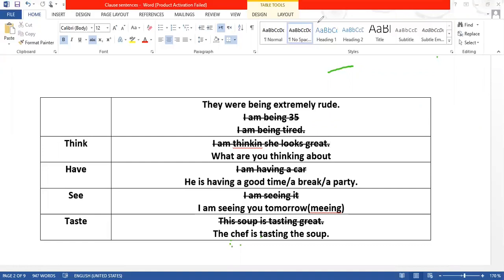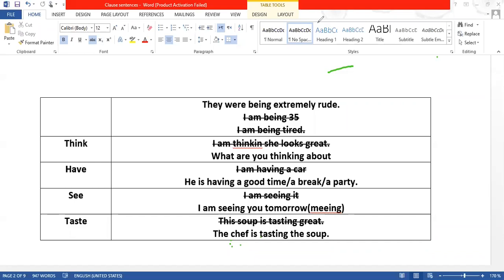The right way is I think she looks great. This is an opinion. If you have an opinion, you always say it in a state sentence. You cannot say I'm thinking she looks great.